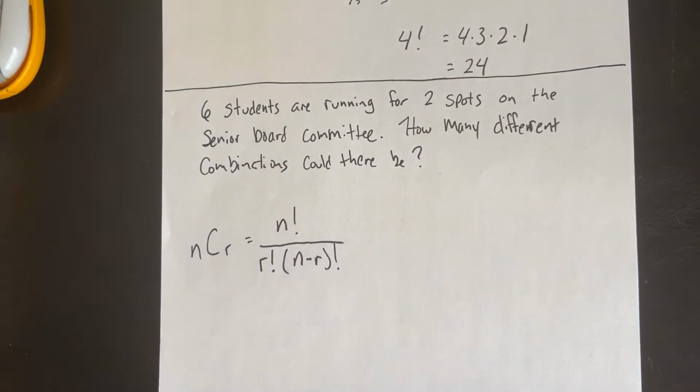If we think about just picking 2 of the kids, student 1 and student 2, does it matter if student 1 is in and then student 2, or student 2 and then student 1? The answer is no. All that matters is that students 1 and 2 are now on the committee.